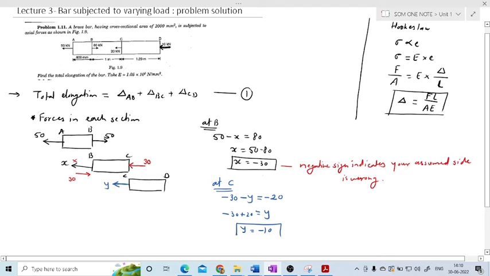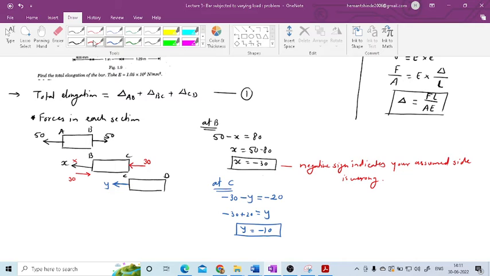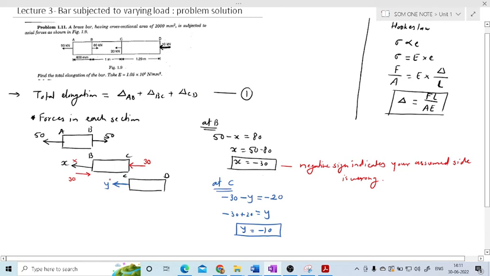Now the answer is negative, which means whatever side I have considered or assumed is wrong. This side I considered is wrong because the answer is negative, so it will be in the opposite direction. So the force will be in this direction and its value is 10.